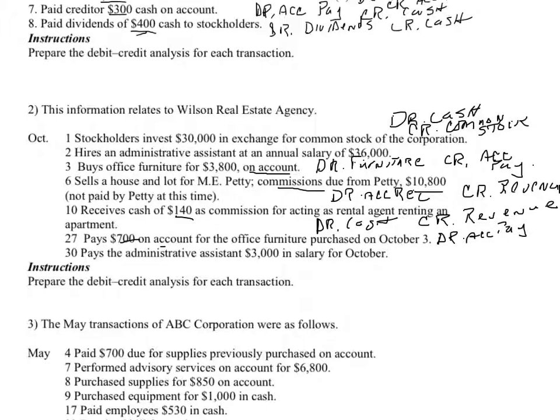And my cash also goes down, credit cash. Then I pay the administrative assistant $3,000, so they perform services and I owe them. Now this is a debit to the expense, and this is called salaries. So expenses are always debited, and I either pay them cash or I owe them, accounts payable. So the credit here is cash, I paid them. And that completes the second one. One more.